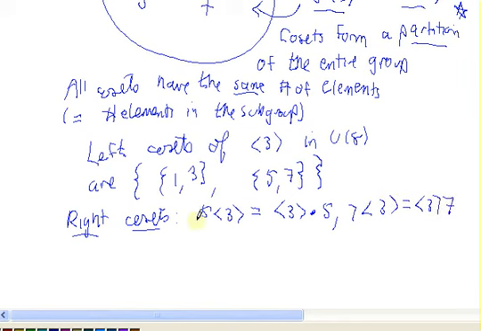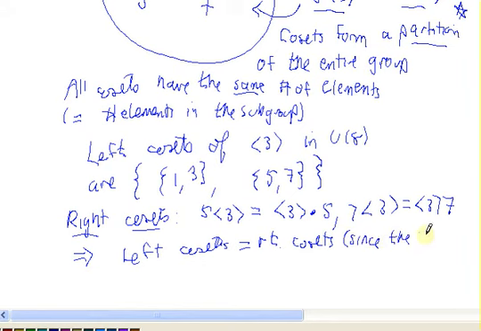Okay. So in this case, the left cosets are equal to the right cosets. And you can see that this was always going to be true since the group is abelian. Whenever you have an abelian group, it's quite clear that the left cosets and the right cosets will be equal to each other.